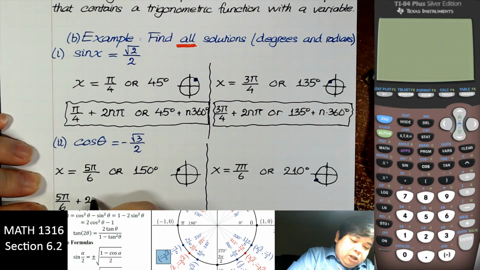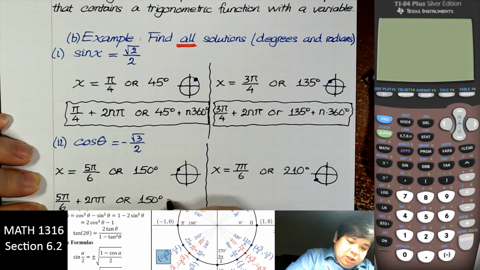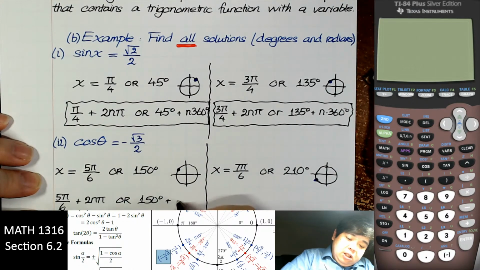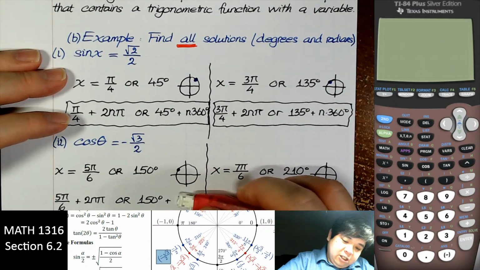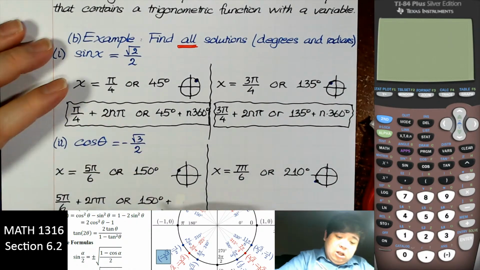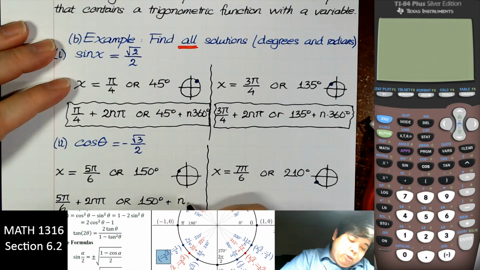plus 2n pi, or 150 degrees plus n times 360 degrees. 360 degrees is 1 revolution, and we might have multiples of it.